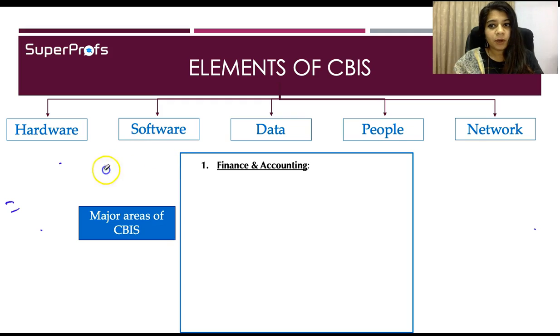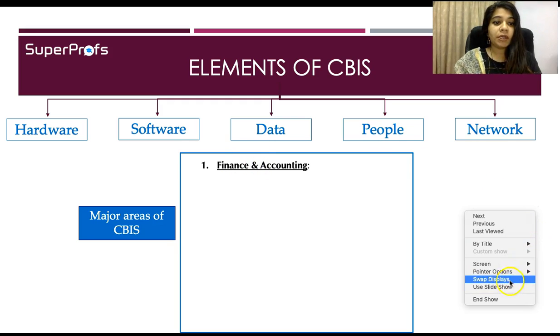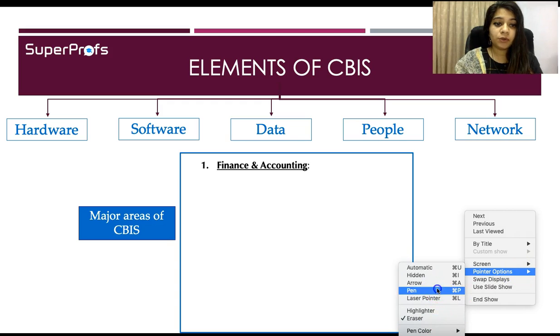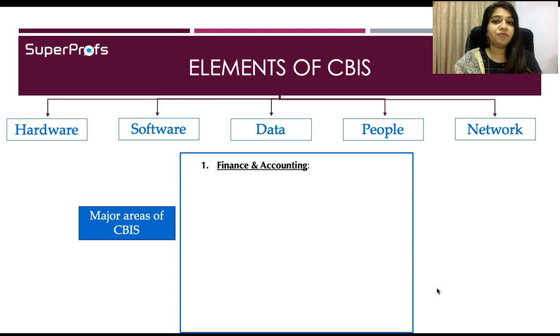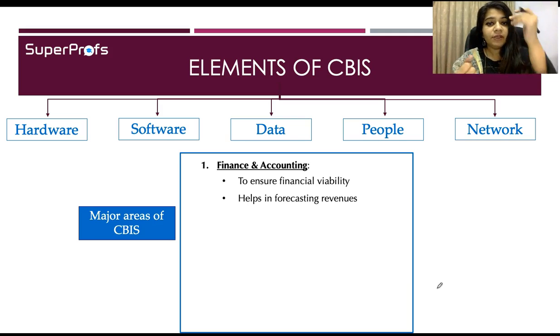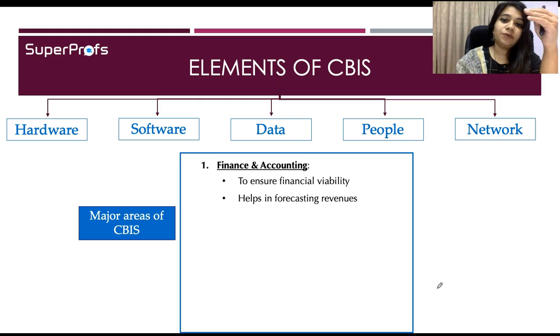Now, if you think about it, there are different functions in your organization, and these different functions will require different pieces of information, or they will be able to utilize information in different ways. So, first of all, let's talk about finance and accounting. Now, where will these functions utilize the information?